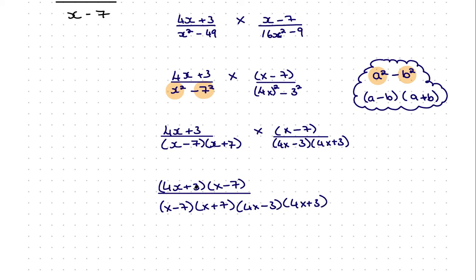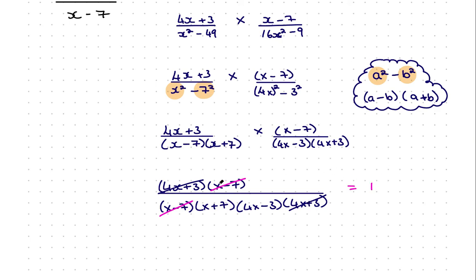And what I can actually see, again, is that rule where if it's multiplied in on the top and the bottom, you're doing and undoing. And again here, I can also do the same thing with my x minus 7 and x minus 7. So what I actually get left out of that is, well, if I have 4x plus 3 divided by 4x plus 3, that gives me 1.